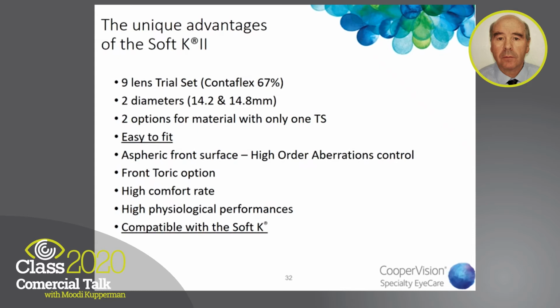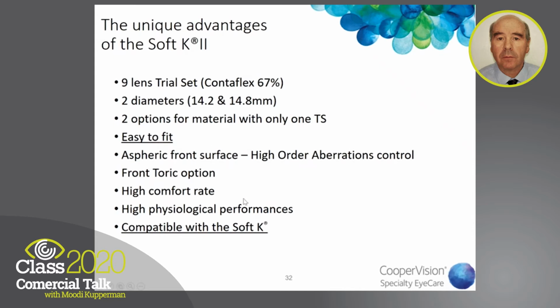Of course, no one wants this, but we found out that fitting with the 67% water content and ordering the silicone hydrogel, the results are the same. So we have 9 lenses in the trial set, 2 diameters, and we can order 2 options of material with this trial set. It's easy to fit, very easy.